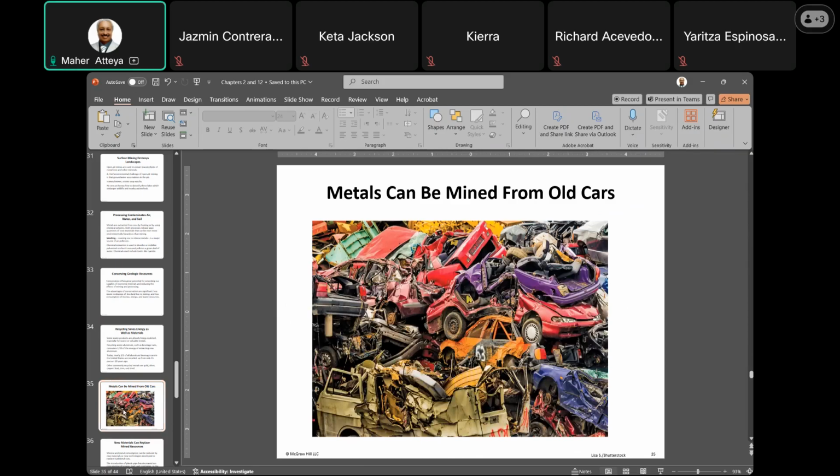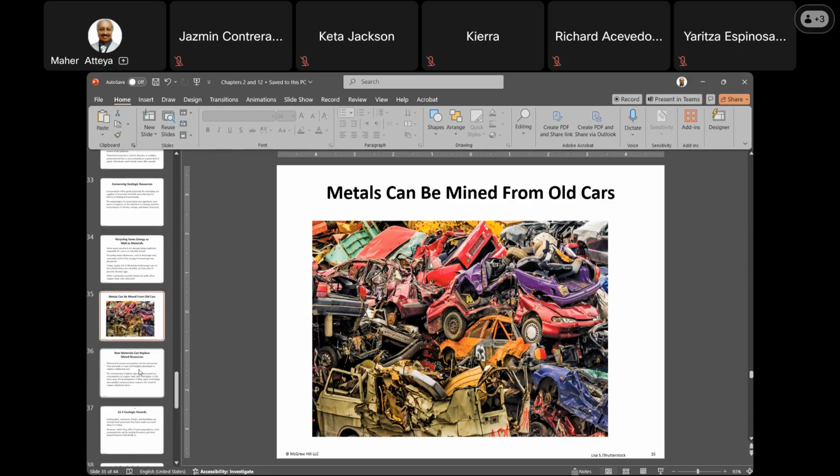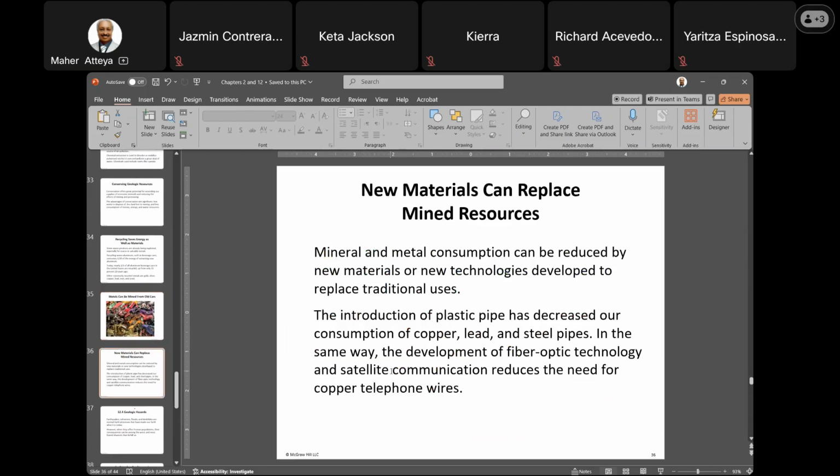You have not only iron, you have cobalt, you have nickel, you have copper. I mean, there are plenty of metals involved in the car units. So those metals can be mined out, or extracted from those old junked cars. That's just an example of recycling.